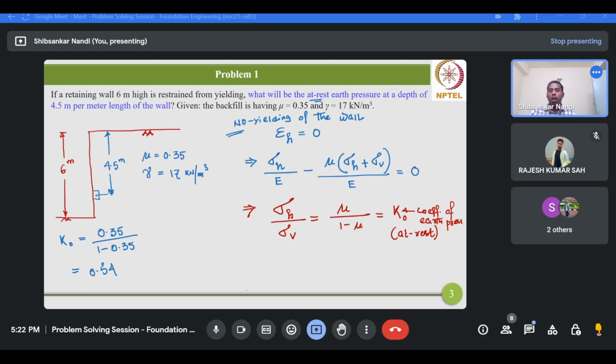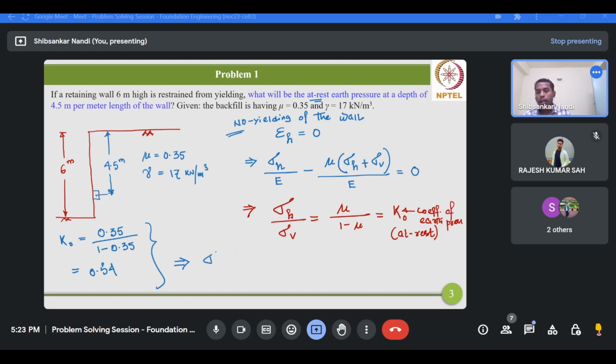Now our aim is to figure out the value of sigma h at a depth of 4.5 meter. If we know the vertical stress at a depth of 4.5 meter, and this K0 value would be constant since this is a homogeneous backfill, then we can easily calculate the horizontal stress at that depth.